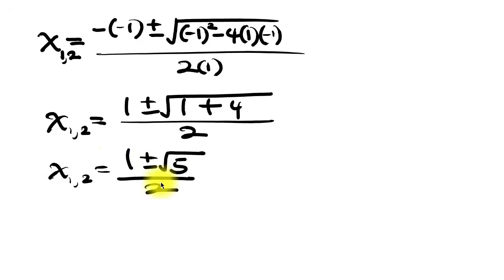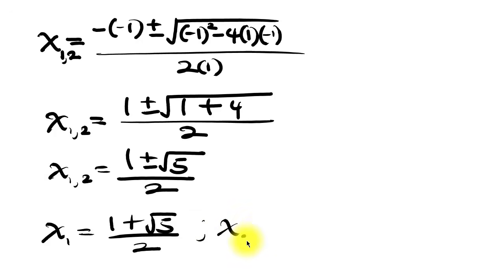So there are two values of x from here. The first value is 1 plus the square root of 5 over 2, and the second value of x is 1 minus the square root of 5 all over 2.